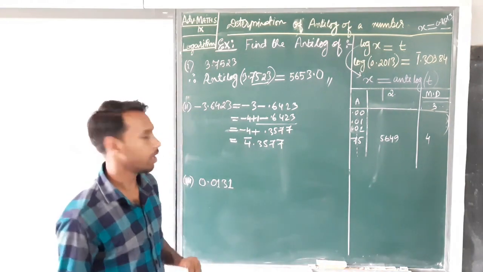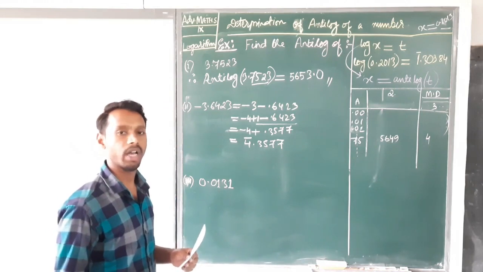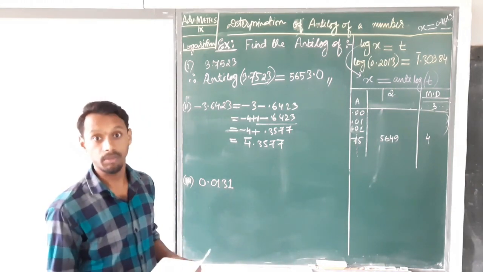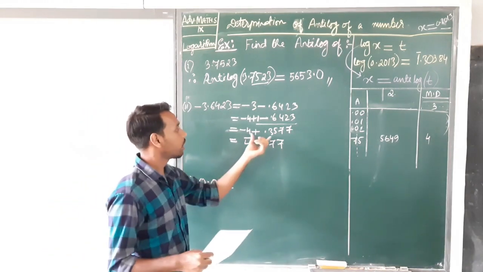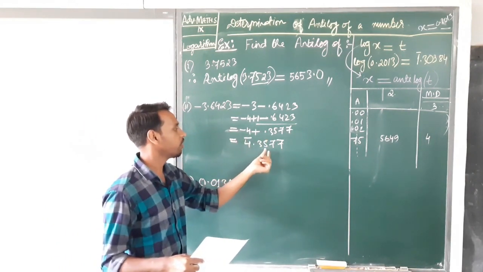0.3577. I have already shown in one of my videos, where I discussed the determination of logarithm, how we can write this. You can check that video. This kind of expression we can write as 4 bar 0.3577.